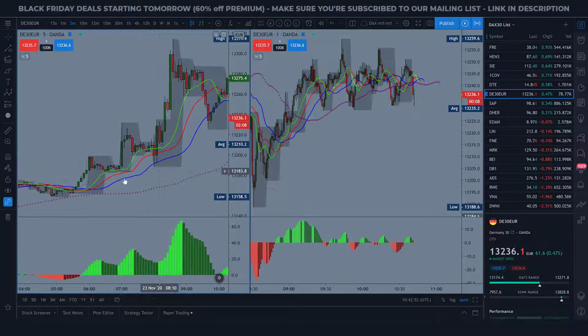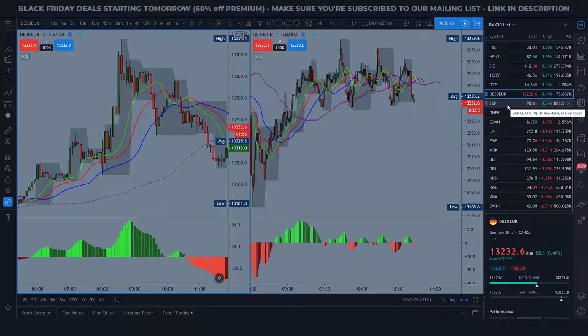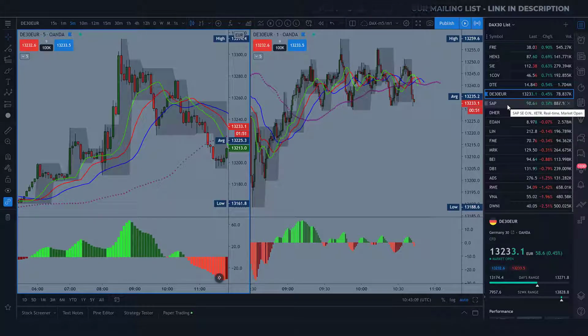Like yesterday, around this time, from London Open up to there, some big companies were moving up. So the thing is, it's weighted as well, this index.